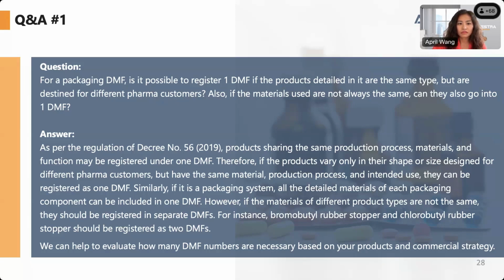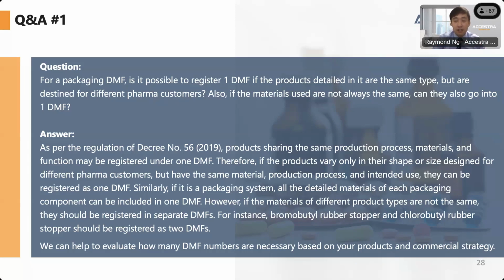Yeah, and I just want to add here is, oftentimes it's very important to plan ahead, especially with the DMF registration. You never know in future what the client will request in terms of expanding the scope of the specification.